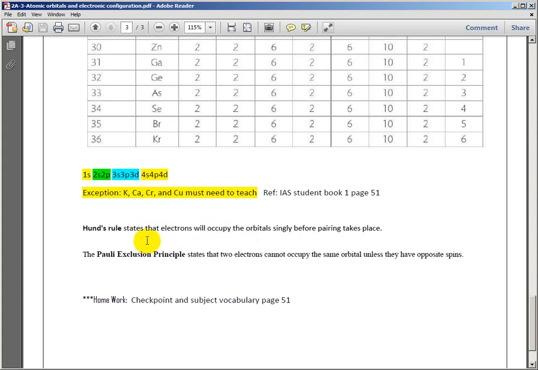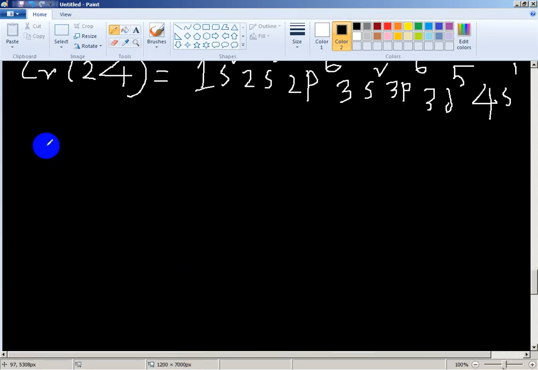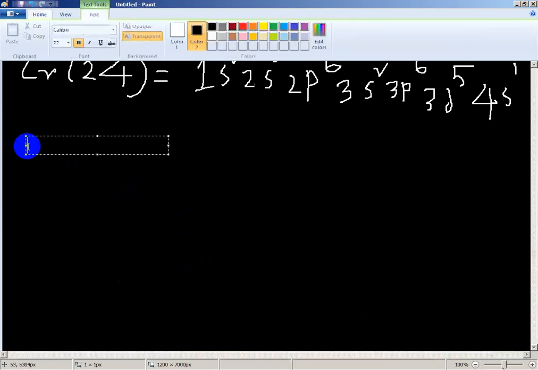Now we will complete the boxes using Hund's rule. This box is given here.